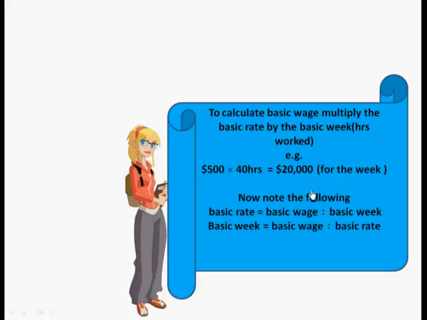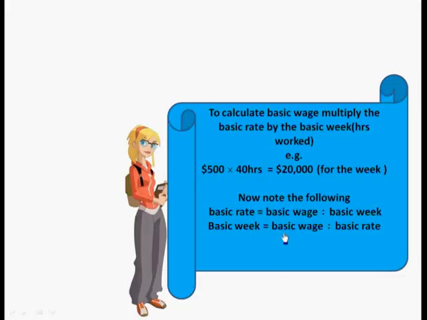So simply, if you are given $20,000, which is the basic wage, and you're asked to find the basic rate, then you divide this $20,000 by 40 hours, which is the basic week, and you get back $500, which is the basic rate.